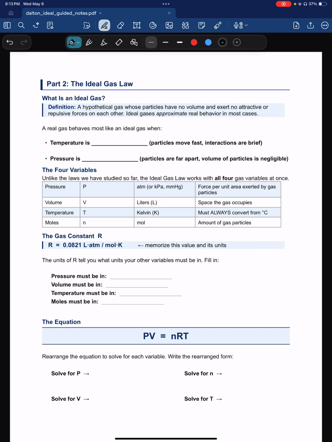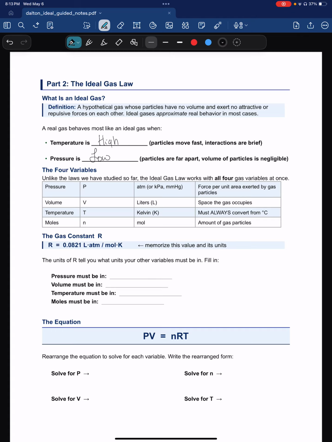So, a real gas behaves most like an ideal gas when the temperature is very high. That is to say that the particles are moving very, very fast, and so any interactions that there could be are super brief. It also works very, very well when the pressure is very low.